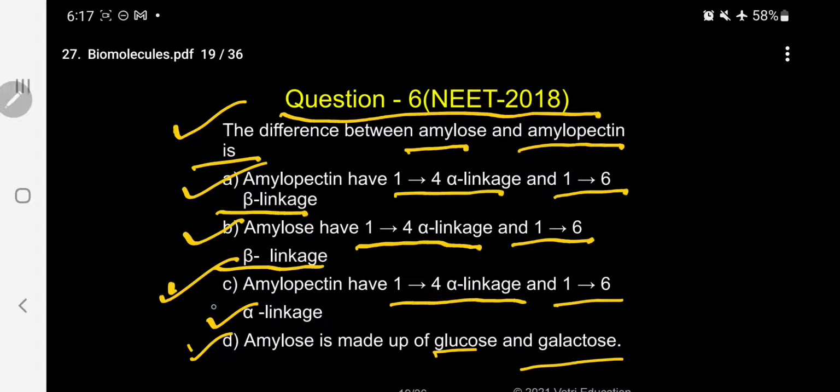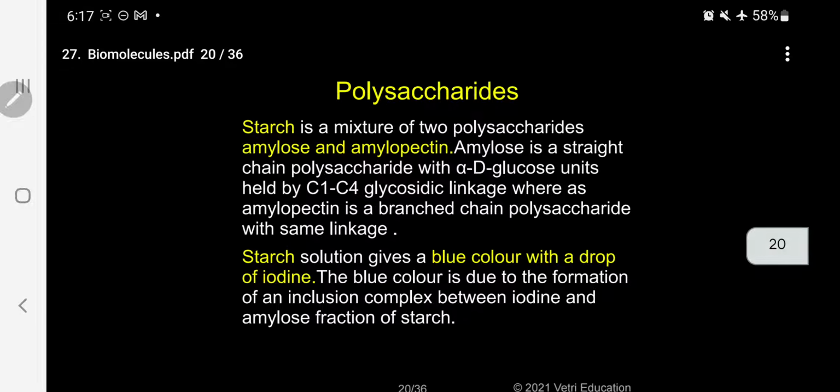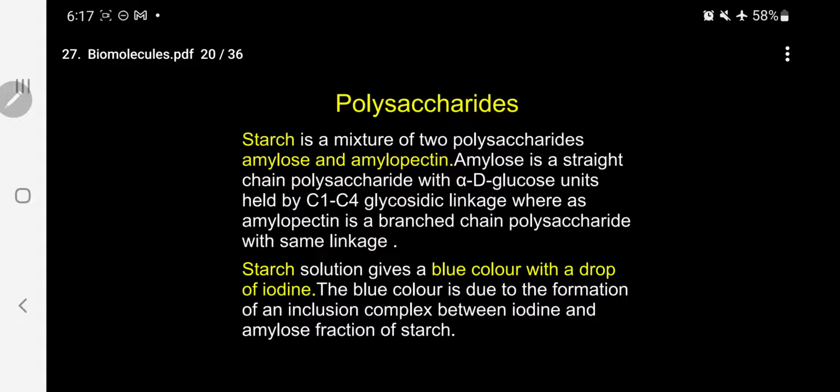The correct statement, the question is, they have asked the difference between amylose and amylopectin. So the correct answer probably is C. Let me explain, kindly follow me. Starch is a mixture of two polysaccharides, amylose and amylopectin.